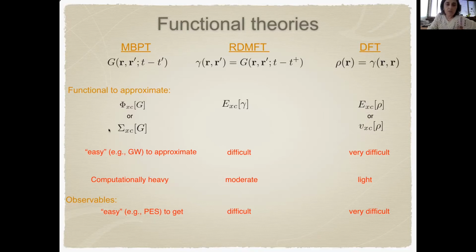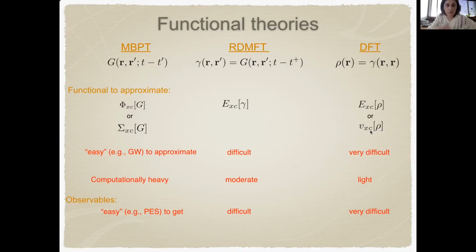Let's say that approximations in many body perturbation theory are relatively easy, in the sense that the self-energy can in principle be systematically improved. In RDMFT they are a bit more difficult, and in DFT I find them very difficult because we have to find an approximation to this quantity which enters the Kohn-Sham system, which is not a physical system.